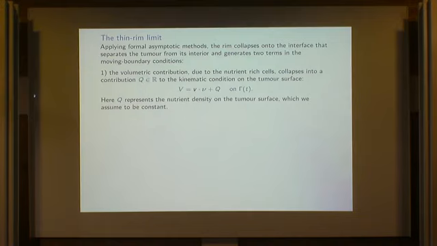So the first one: if we recall from earlier slides, capital V is the normal velocity of the boundary gamma, whereas little v was the velocity of the tissue in the interior, and so in general you would think that these two things should be equal to each other. Capital V should be little v dotted with nu, but because of the nutrients in the thin rim, this capital Q is what's modelling the nutrient density on the tumour surface.